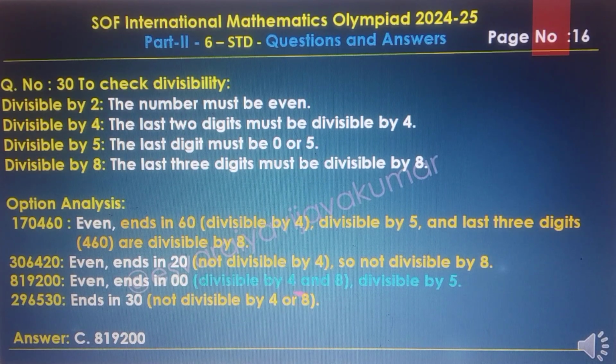That is indicated in blue here, the middle one, C. 296530 ends with 30 and is not divisible by 4 or 8. So the final answer is C, 819200.